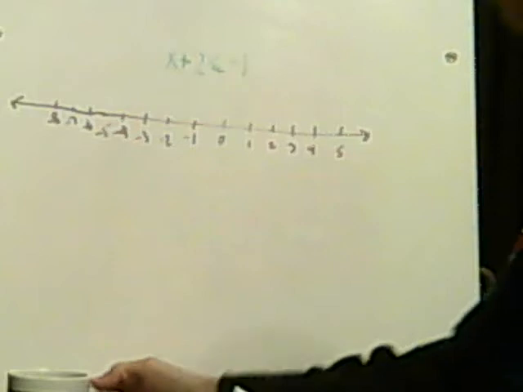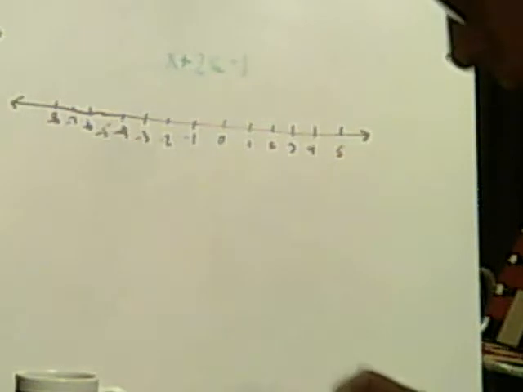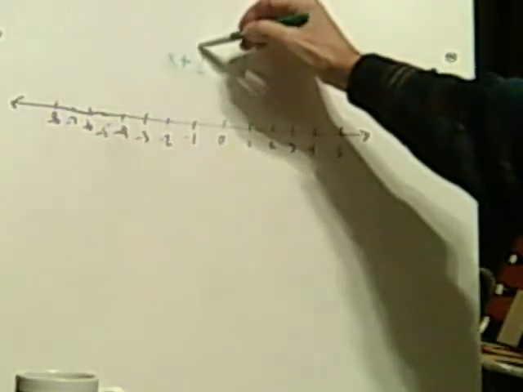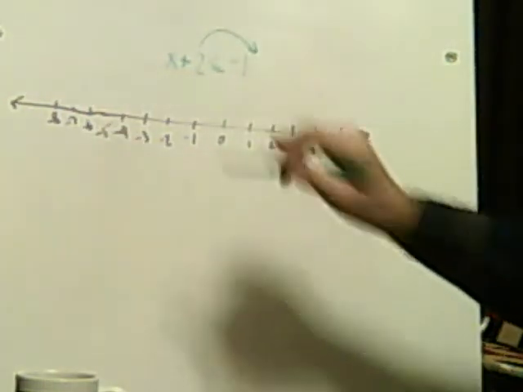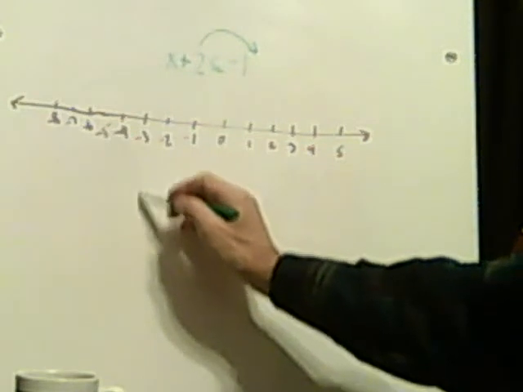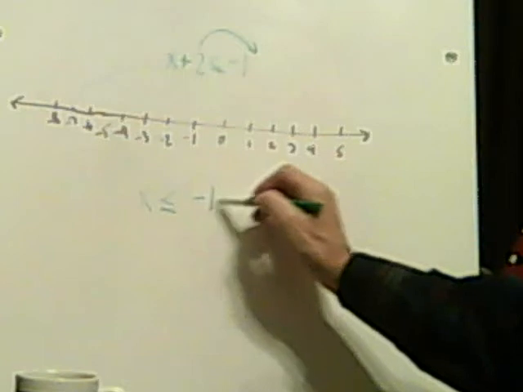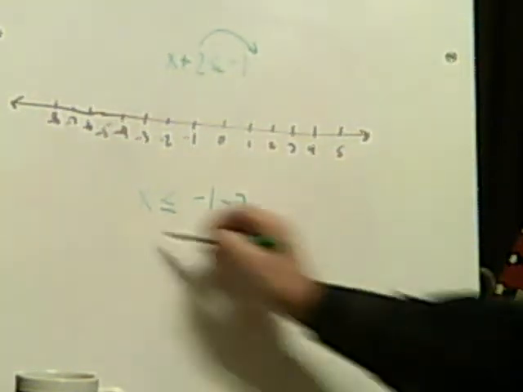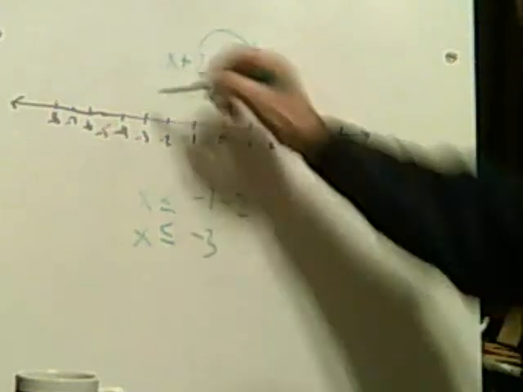Now, on the inequality, we can do a lot of the same things that we did on equations, which means we can move this to the other side and it becomes a negative. I'll move it down underneath now. x is less than or equal to -1 minus 2, which is x is less than or equal to -3.